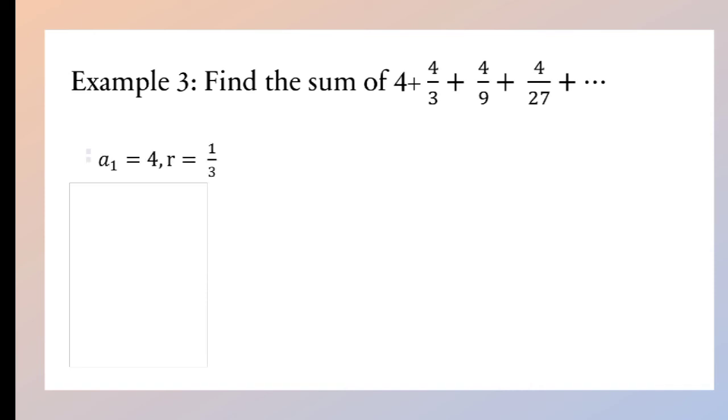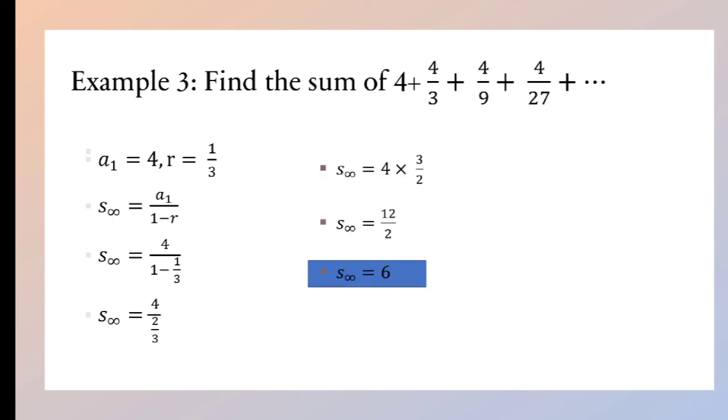A1 is equal to 4 and our common ratio is 1/3. Now we will substitute the given values to the formula. In dividing a whole number and a fraction, we can multiply them and don't forget the reciprocal. Our final answer is positive 6.